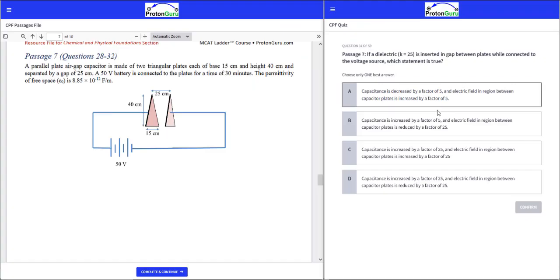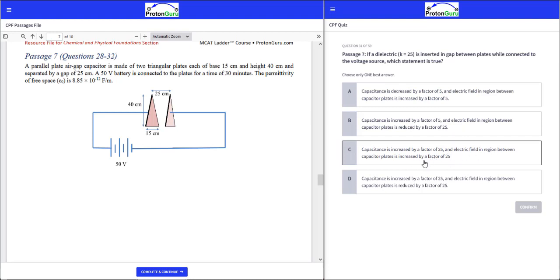So going back to the potential answer choices, capacitance is decreased, no. Capacitance is increased by a factor of 5, no. Capacitance is increased by a factor of 25. Yes. So we're down to answer C or D. The second part of the answers then is what will help us differentiate this.